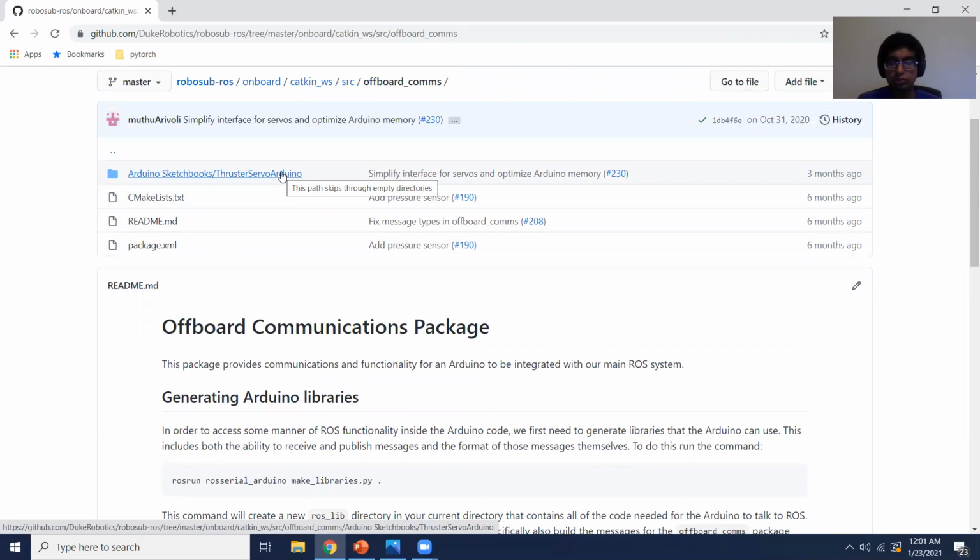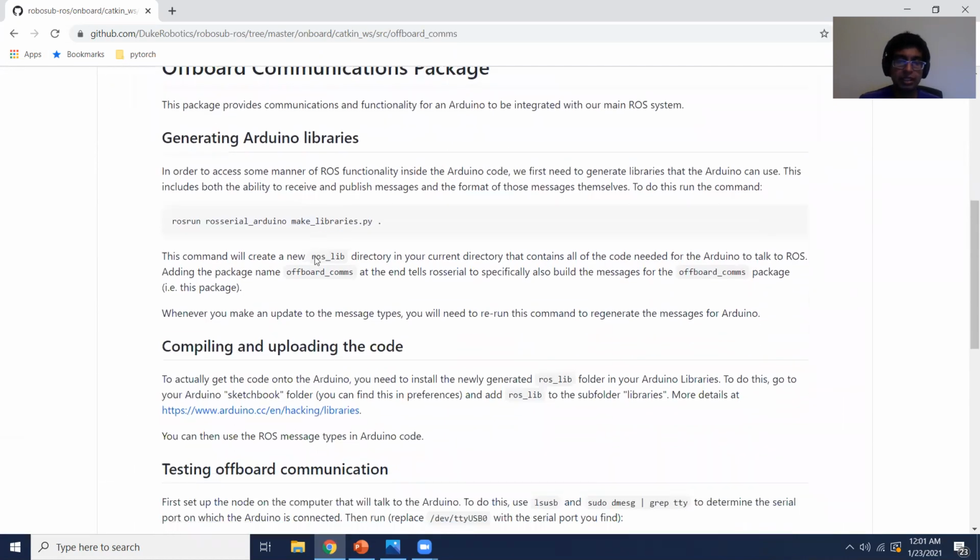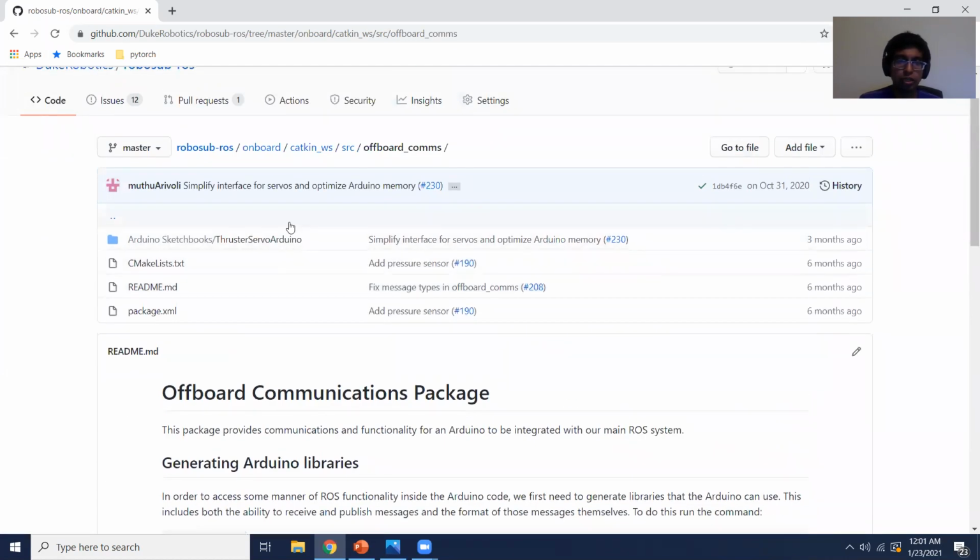It subscribes to things like the thruster values provided by controls, and it then gives the signals to the multiplexer and by extension to the ESCs about how fast to go. But this is where our Arduino code lives.